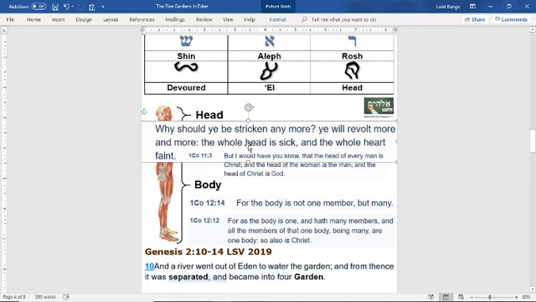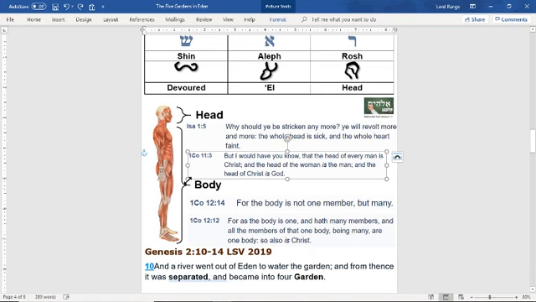It says, "The whole head is sick, the whole heart is faint." And this head represents the head of the people. So if the head is sick, the whole body is sick. So not only does he have to get rid of the head, but he has to get rid of the whole body. Sometimes if the body wasn't functioning right, you keep the head and replace members in the body.